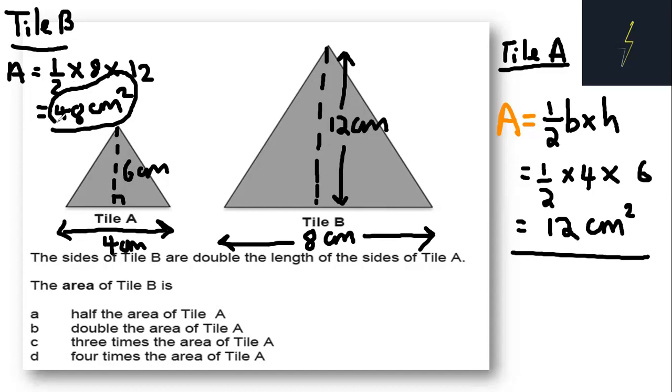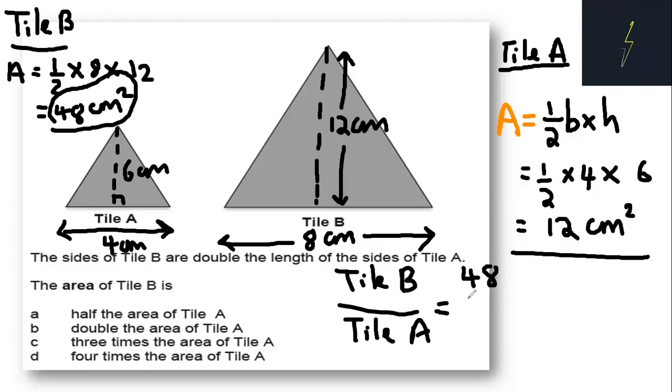So guess what? To compare tile A and tile B, I'm going to divide the bigger tile by the smaller tile. And obviously the bigger tile is tile B. So we have 48 divided by 12. How many groups of 12 can I get out of 48? 4.